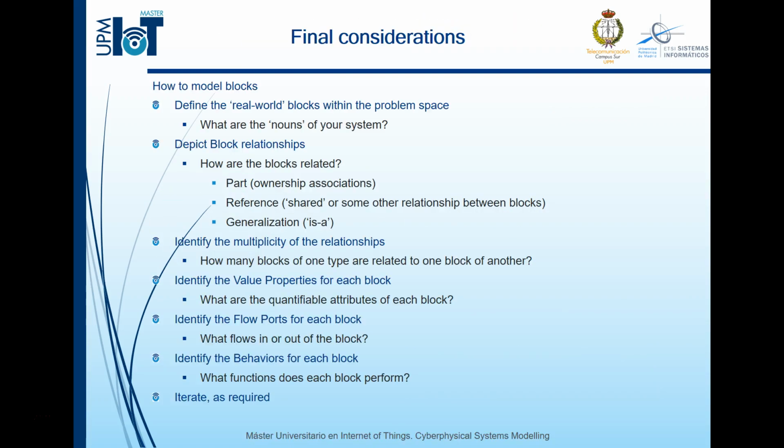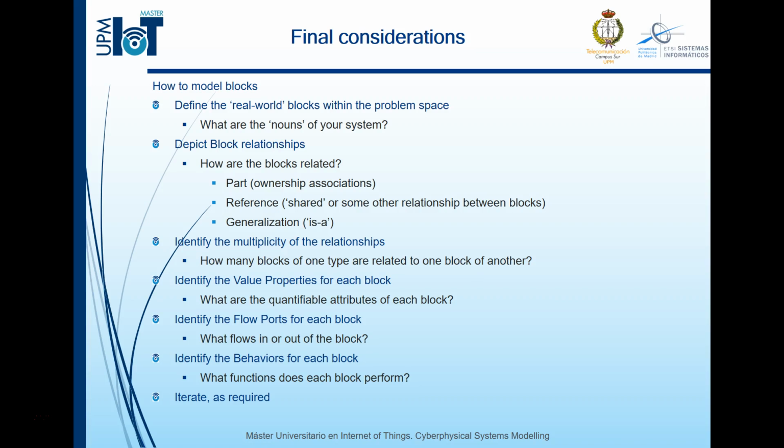Finally, considerations. Don't forget to do it, because you have to do the lab assignment based on that. Define your blocks in the real world. What are the names of your system? Depict each block and the relationships, and identify if the relationship is based on composition, reference, generalization, identify multiplicity, identify value properties, identify flow ports.